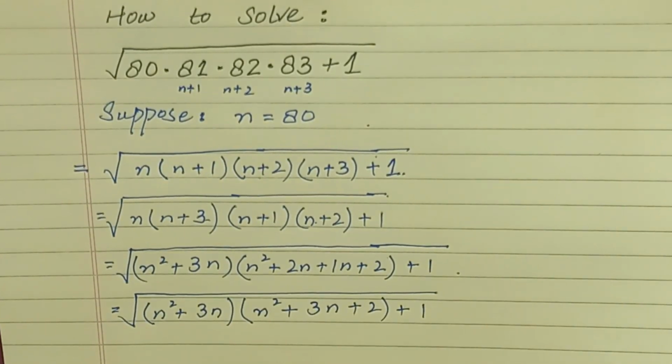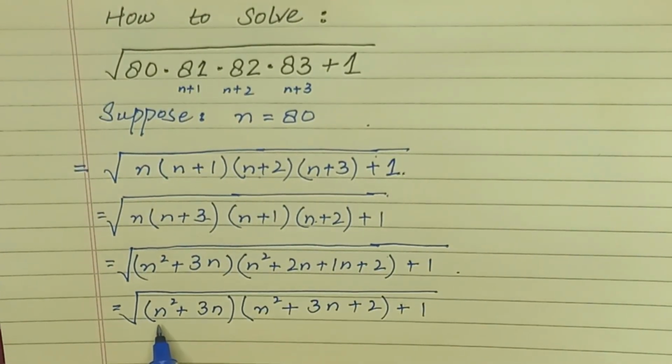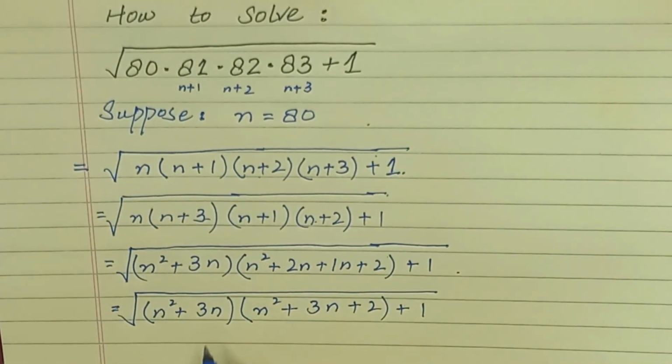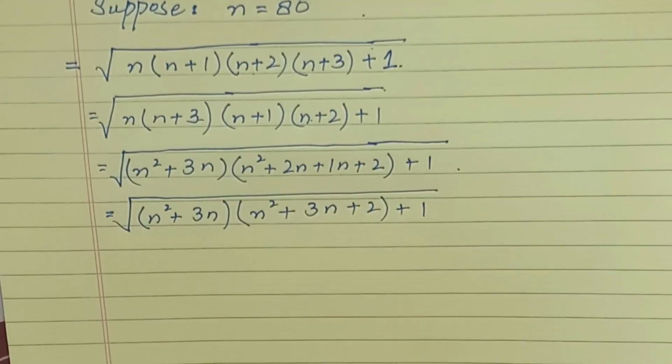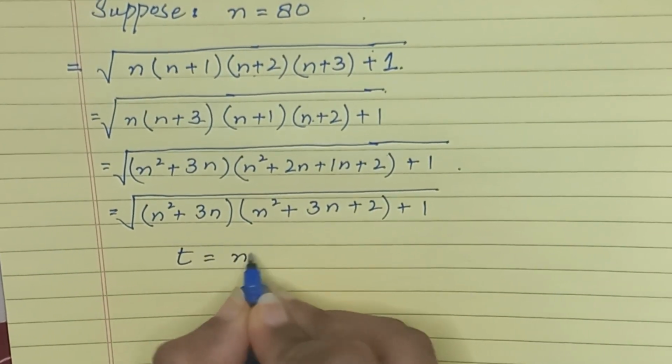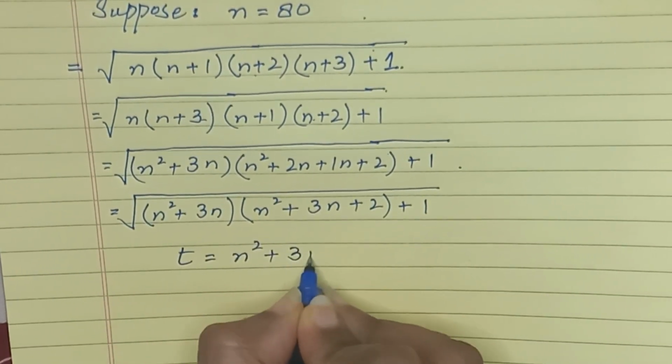Now we can see that here n square plus 3n and n square plus 3n are the same. So we will suppose that t is equal to n square plus 3n.